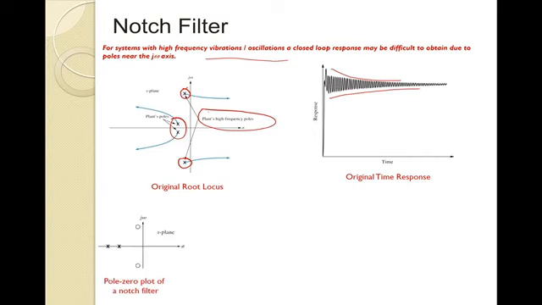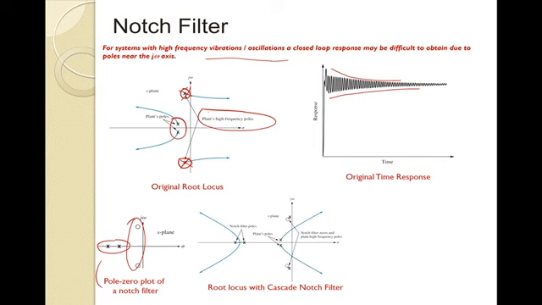So an approach here, and we're not going to walk you through all the details, but more of a concept, is, if you look at the pole-zero plot of a notch filter, I'm going to have two poles and then two complex conjugate zeros here. The goal is to have these two zeros essentially cancel those plant poles as close as possible, and then have the notch poles sort of dominate.